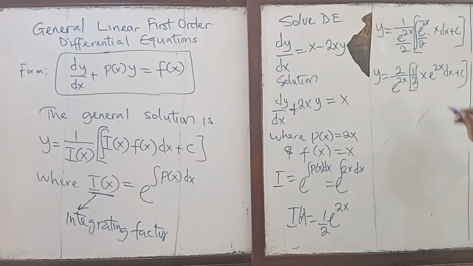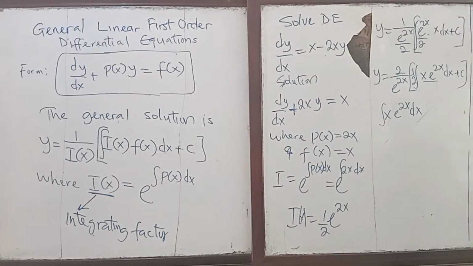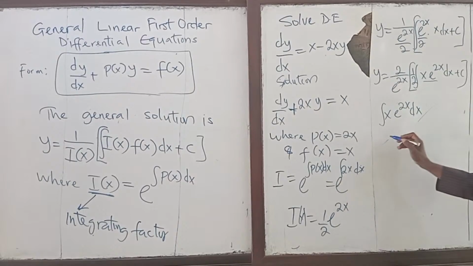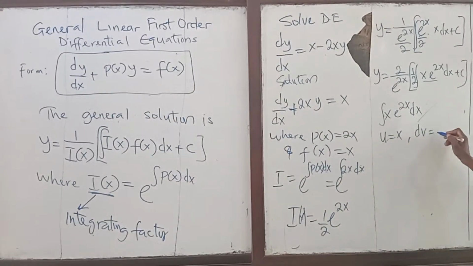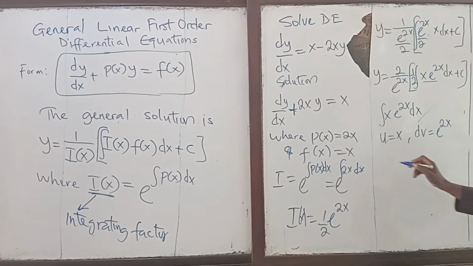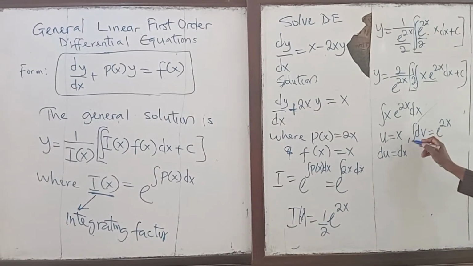And this one, this is a product under the integration, and then we can apply integration by parts. My u is x, so du is dx, and then integrate this, so v is equal to e to the power 2x over 2.